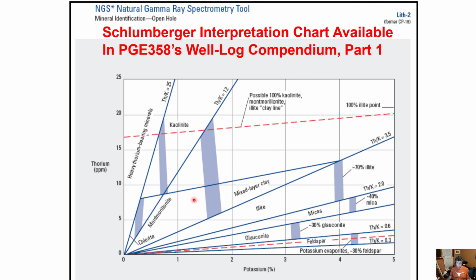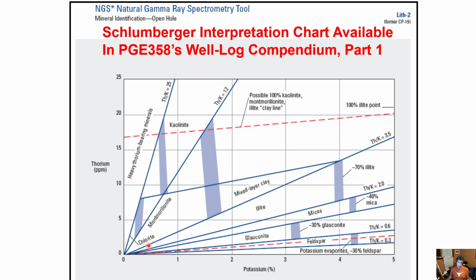Now, when it departs from the origin, it can depart in different directions. And the blue lines that you see here, the guides that you see here, were constructed with different ratios of thorium over potassium, which is the slope. So different slices of this quadrant are indicated here because of different ratios of thorium over potassium: 25, 12, 3.5, 2.0, 0.6, and 0.3. What do they mean?